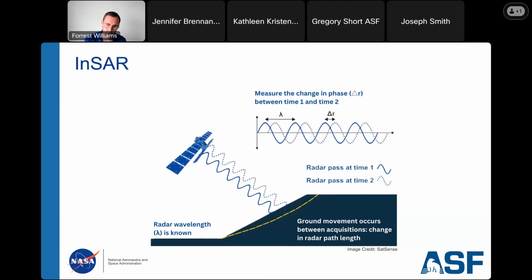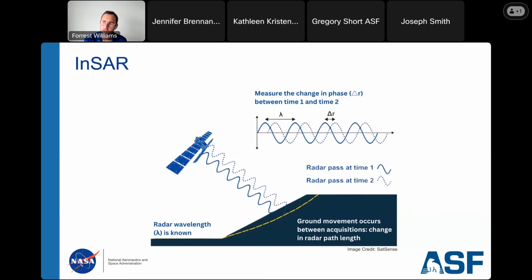And how this process typically goes is that we have a satellite fly over a particular location and take an image where it measures both the phase and the amplitude component. And then several days later, when we might expect some motion to occur on the Earth's surface, say from landsliding or groundwater withdrawal, we take another image and once again, we measure the phase and the amplitude.